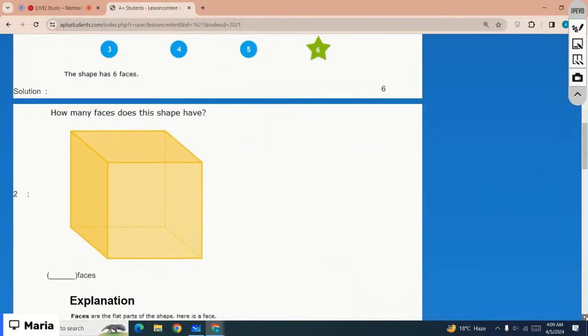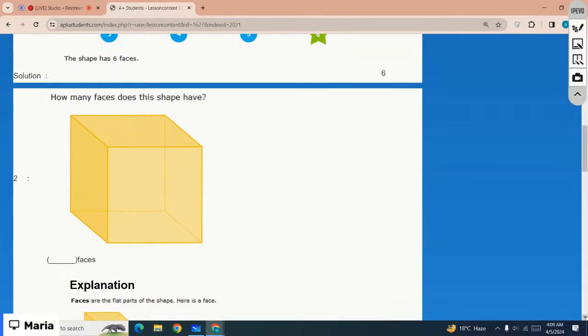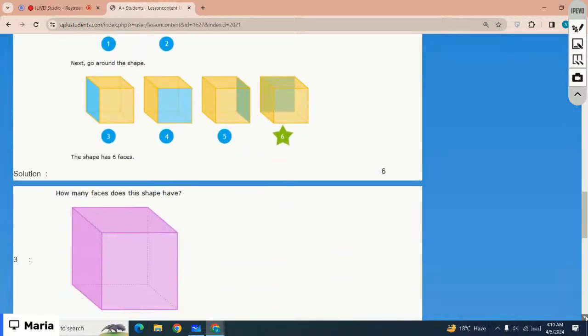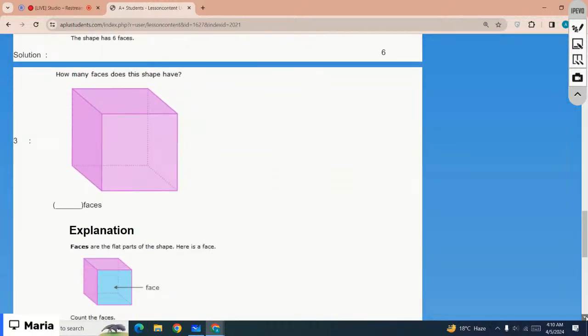How many faces does this shape have? Which is the correct option? The shape is a cube. How many faces does a cube have? Yes, the correct option is 6. A cube has 6 faces. How many faces does this shape have?